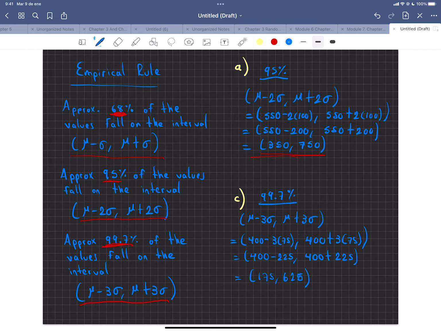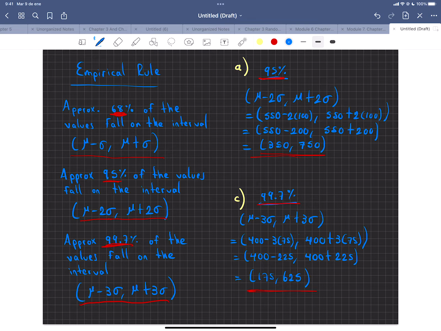So how can we interpret this? We can say that most of the values for the distribution for women, they fall between 175 and 625. You see that? Most of the values.